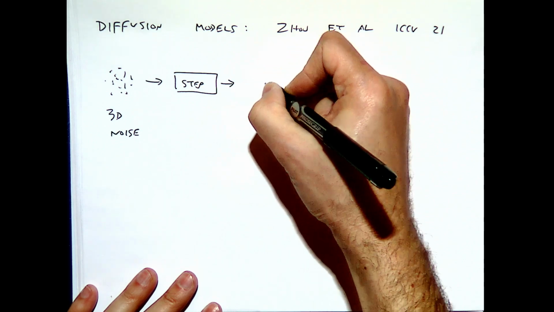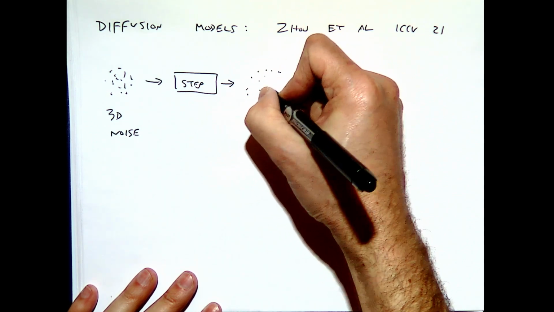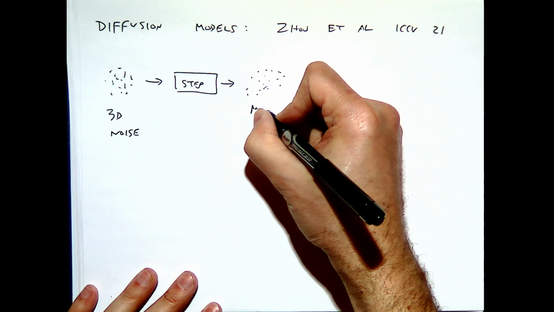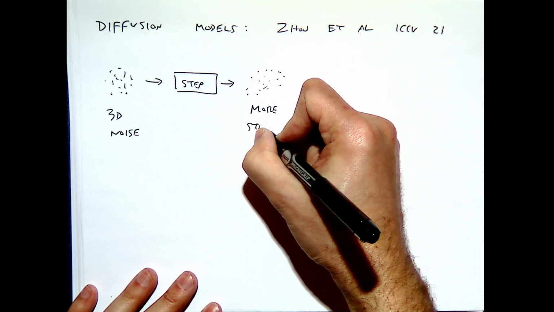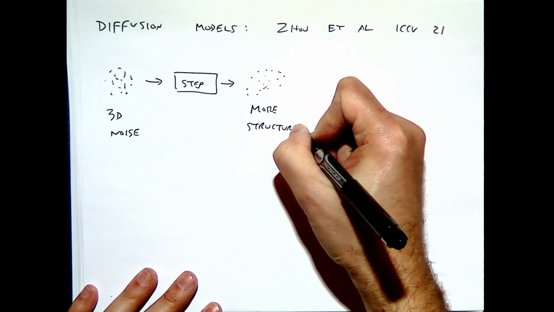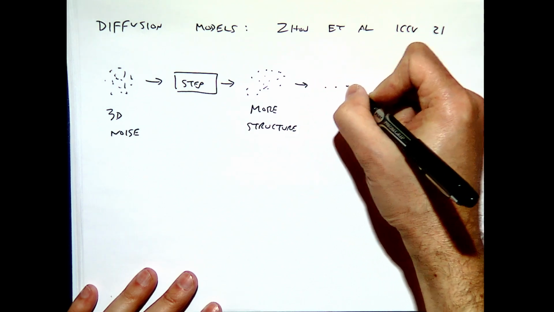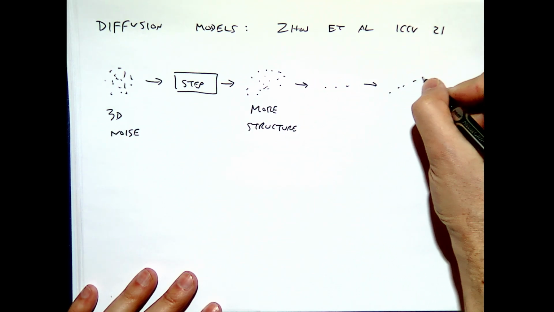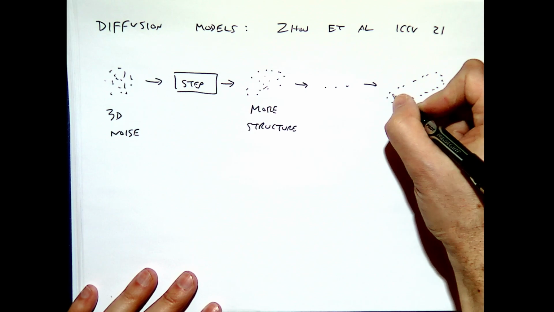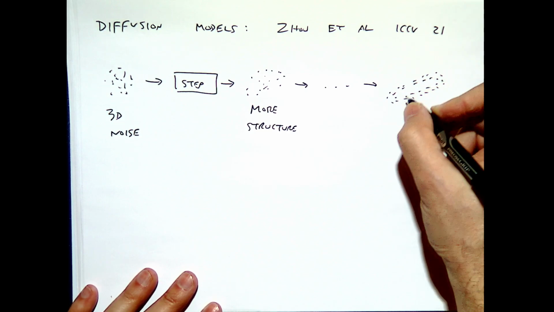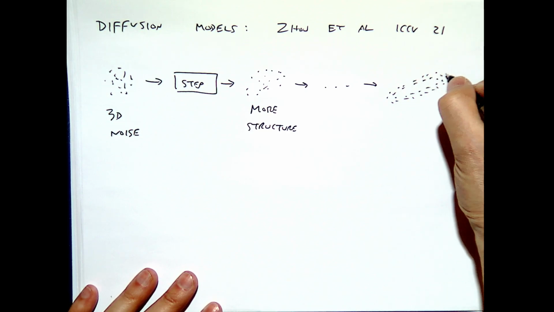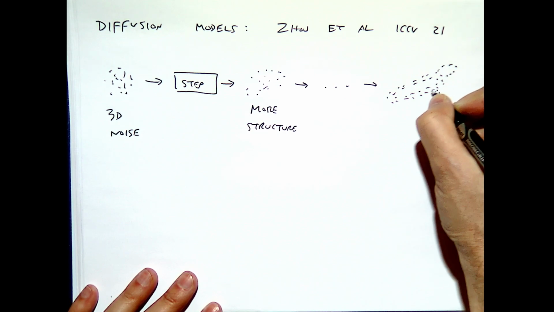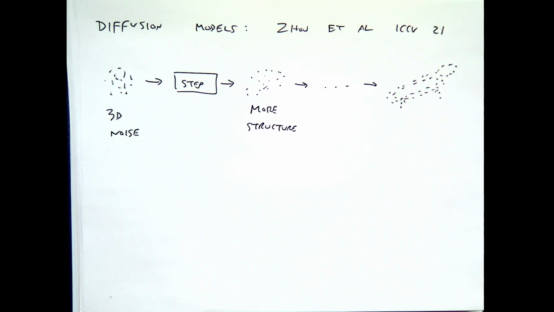After that step, again, this is probably not the best drawing because everything looks like dots, but I have a little bit more structure to my set of 3D points. I keep on taking steps until the 3D cloud is in the form of whatever this thing is. I don't know, it's a bug of some sort, right? Final model.